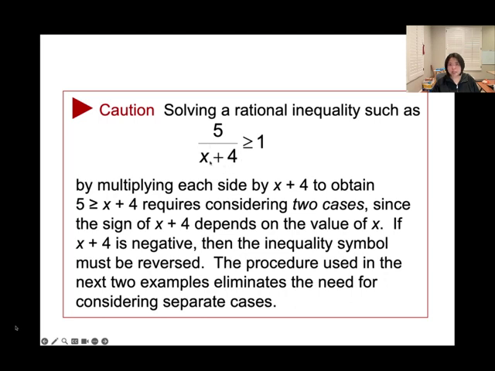If x plus 4 is negative, and you multiply both sides by it, then you need to reverse the direction of the inequality. So you need to watch out if you have questions like that. You don't want to multiply both sides by x plus 4. Instead, you may want to subtract 1 from both sides and then get the same denominator. Make it into one fraction, okay?